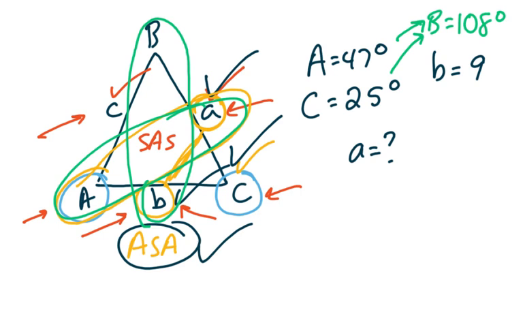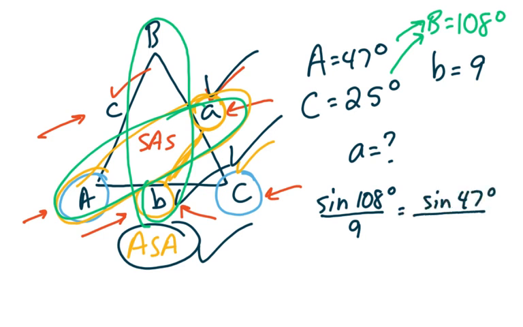Ready? Let's do the law of sines and see if we can solve for side A. So how about sine of angle B divided by side B equals the sine of angle A divided by side A, which I don't know. Once I get side A, I can do SAS and find the area of the triangle. Just like before, with the law of sines, we cross multiply, and I get A times sine of 108 equals 9 times the sine of 47.